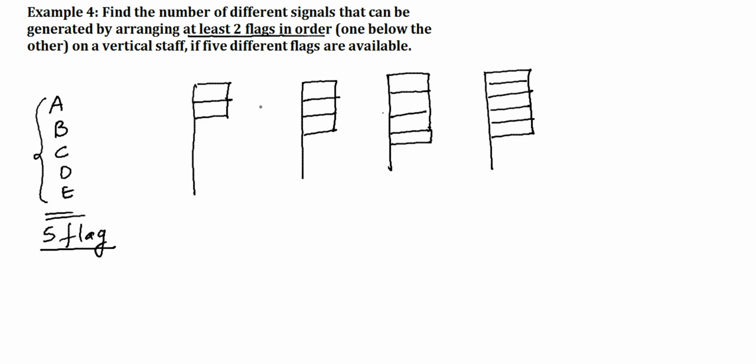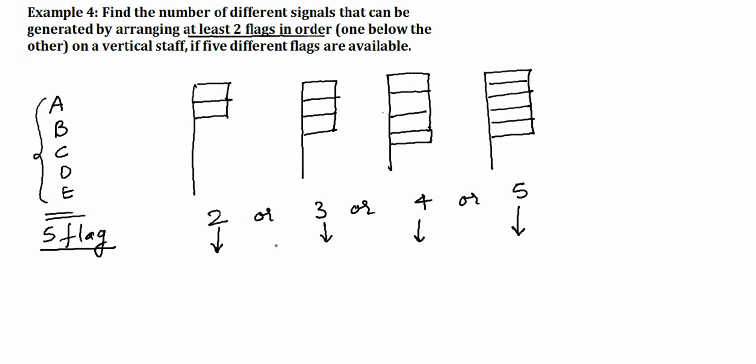So the signal is generated by using 2 flags or 3 flags or 4 flags or 5 flags. So this means that first of all we are going to calculate the signals using 2 flags, then 3 flags, then 4 flags and then 5 flags.